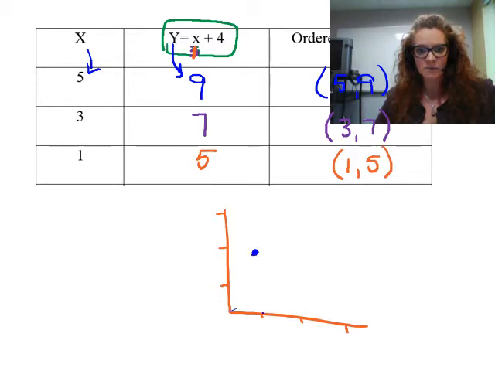There's our first one. And the next ordered pair is 3, 7, the purple one. So 3 and up 7, about there. And the orange one is 1, 5, right about there. And you can see if this was a real graph, it would probably be a straight line. But it's pretty close. For me, I don't draw, so it's as good as it gets. Okay, happy graphing.